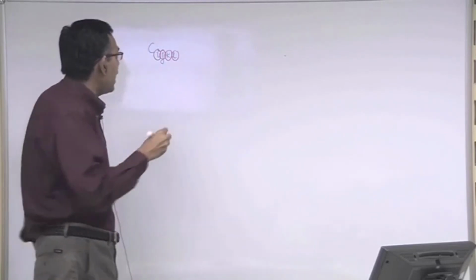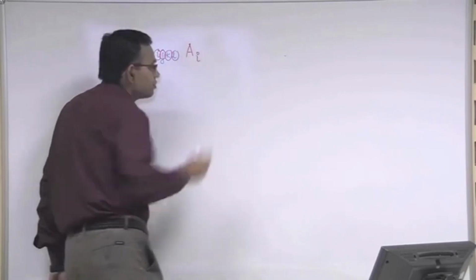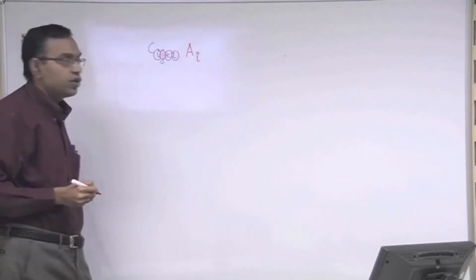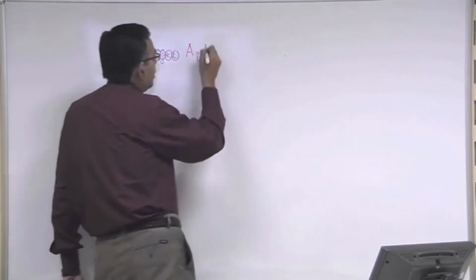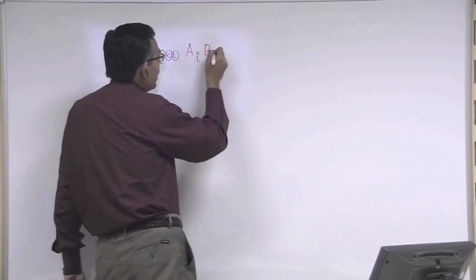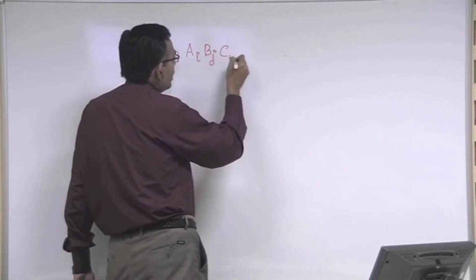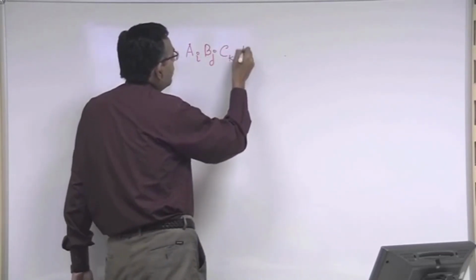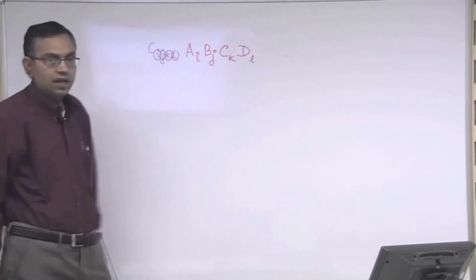So, if you have a vector A that can denote the index i, a vector B that can denote the index j, a vector C that can denote the index k, and a vector D that can denote the index l.